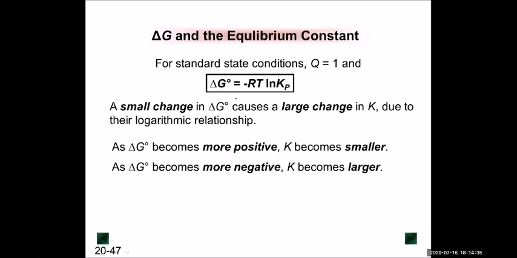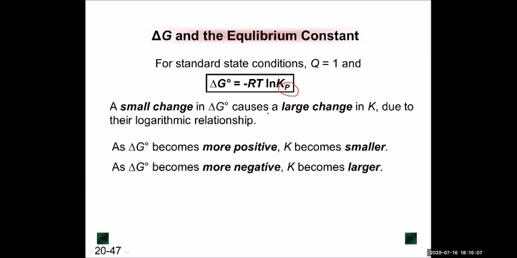The standard free energy and the equilibrium constant Kp. The Kp, as you remember, is the equilibrium constant based on the partial pressure for gas. In previous calculations in the equilibrium chapter or the acid-base chapter, we were always using Kc, because we did not really deal with an equation that has gas.